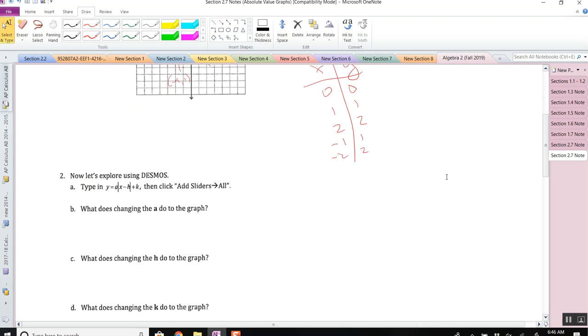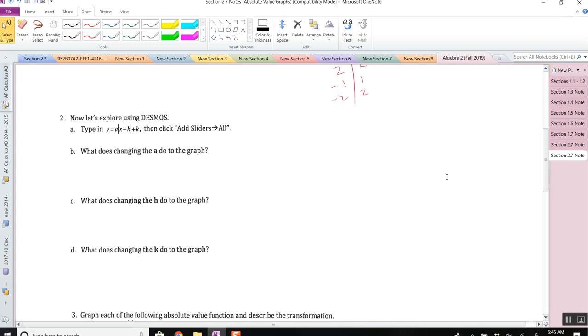Now what we're going to do is move this graph to different places. And here's a general form. We call this the vertex form, where h and k is the vertex.